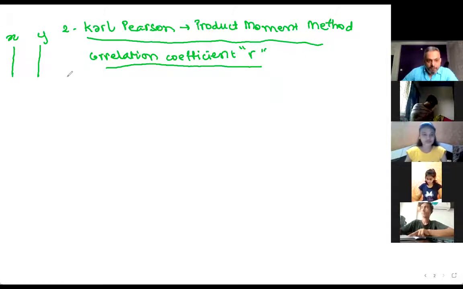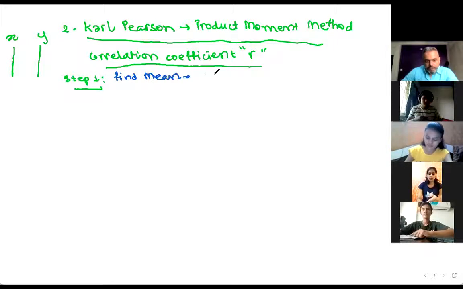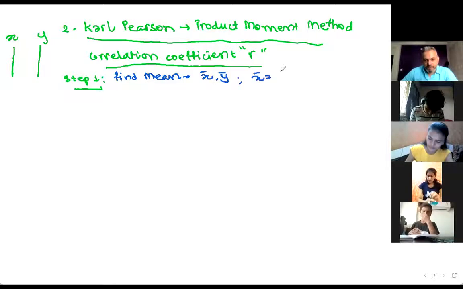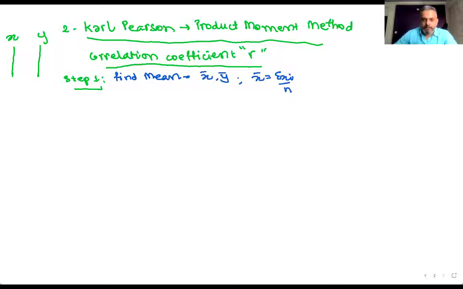Now, step one for any sum is we have to find the mean. So we have to find x bar and y bar. How do we find x bar? x bar is equal to sigma xi upon n, and y bar is equal to sigma yi upon n.